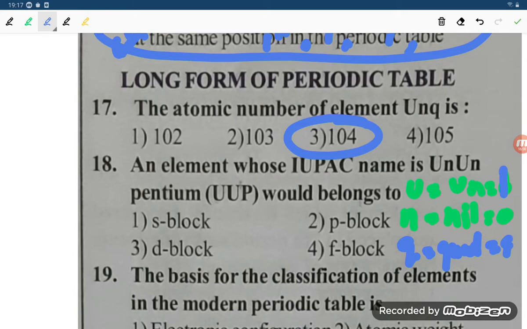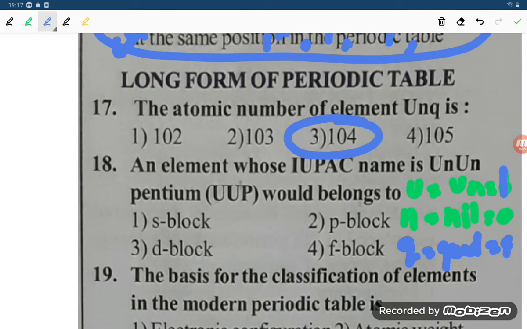The next element is Uup. How will you answer? U means un, again U is un, and P means pent.